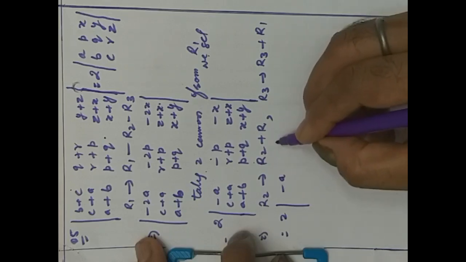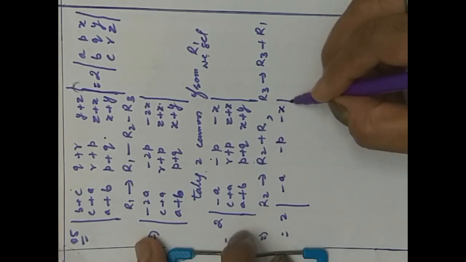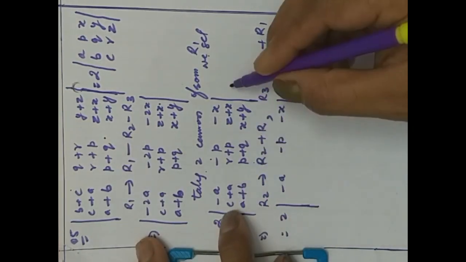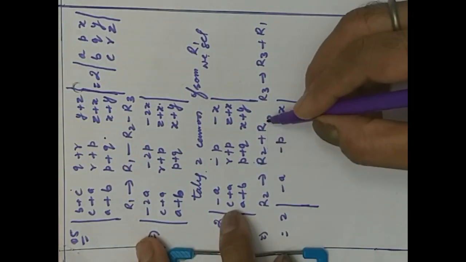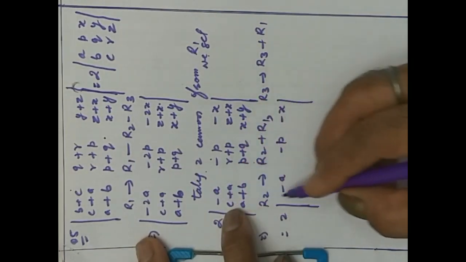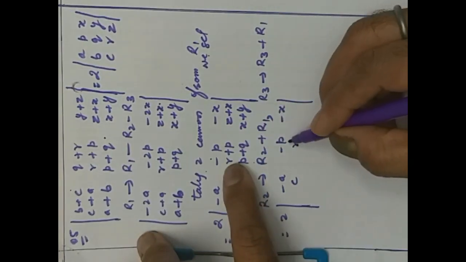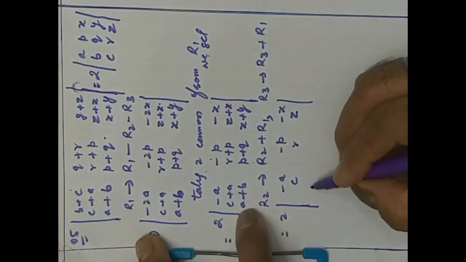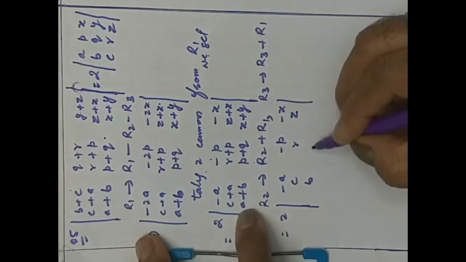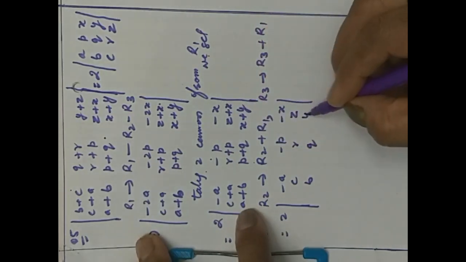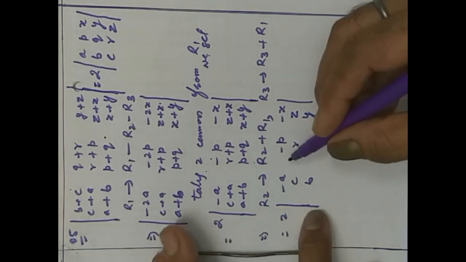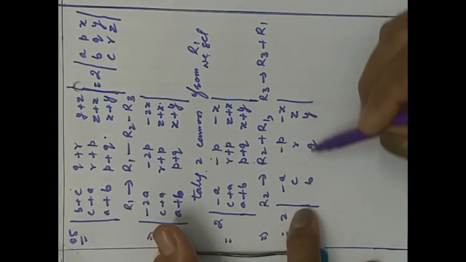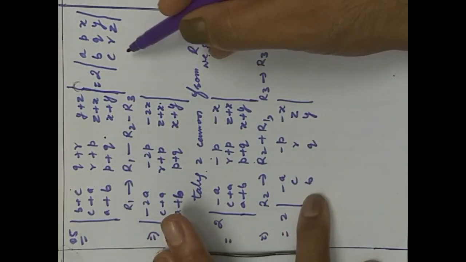So minus A, minus P, and minus X, no change at all. Now with the operation R2 plus R1, A cancels, so we have C, P cancels so we have R, and X cancels so we have Z. Similarly for R3, A cancels so we have B, P cancels so we have Q, and X cancels so we have Y. Now we don't want C in the middle at R2, we want it in the bottom line, the third row.